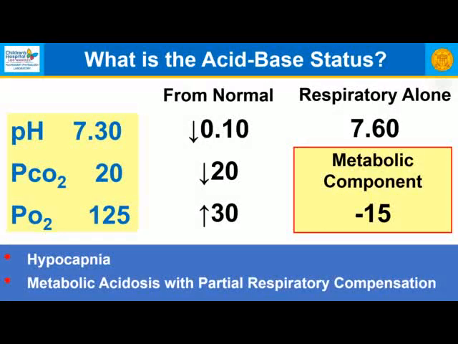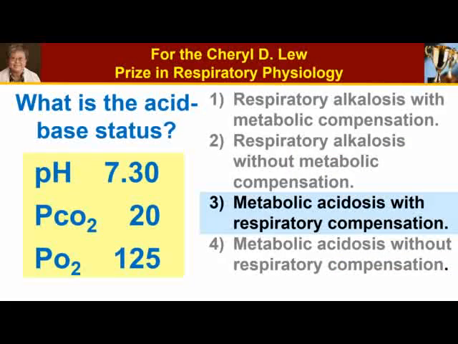All right. So in this case, we have a metabolic acidosis with a partial respiratory compensation. Why partial? Because we're still acidotic. If it were complete compensation, then the pH would be normal. Okay? So this is the answer to this one, a metabolic acidosis with respiratory compensation, in this case partial.